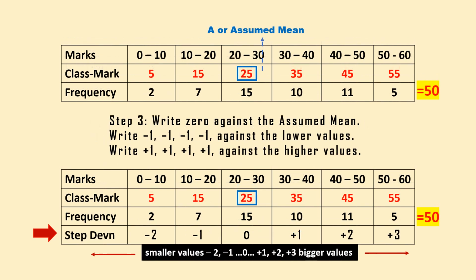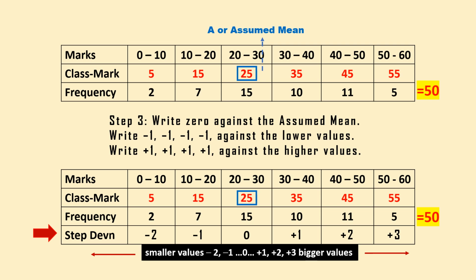We have already marked the assumed mean. Now, this is important, step deviation. Add one more row or one more column, depending on whether you are writing horizontally or vertically. What you have to do is write 0 in the same place as the assumed mean.